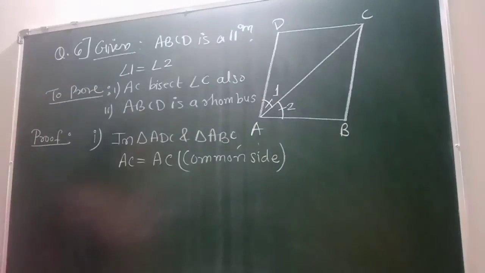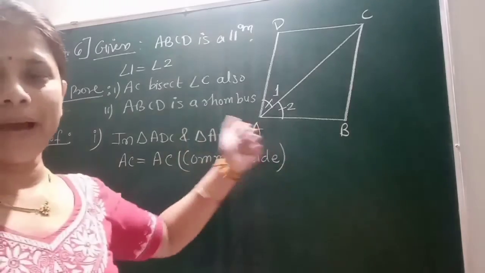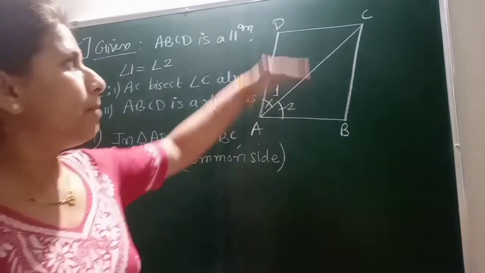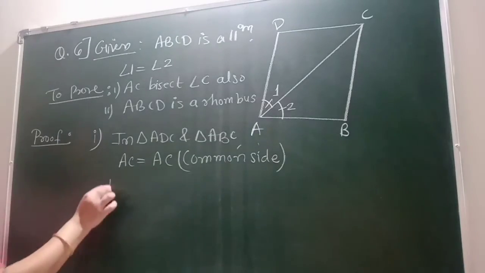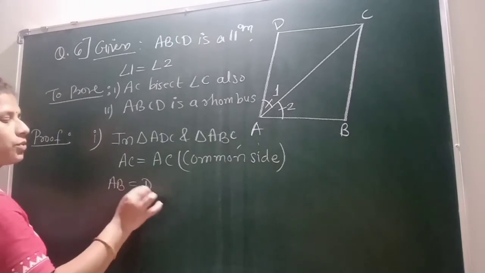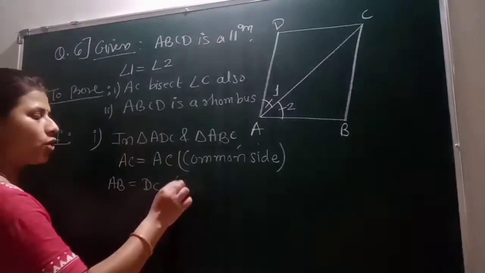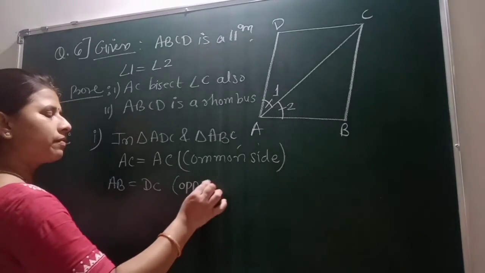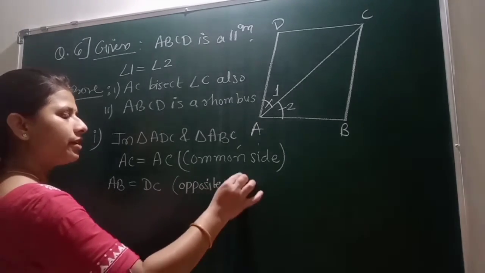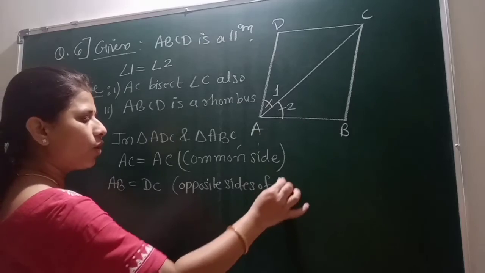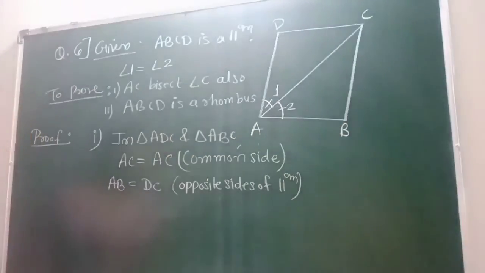Next part. Since ABCD is a parallelogram, this AB will equal DC, opposite sides of a parallelogram.